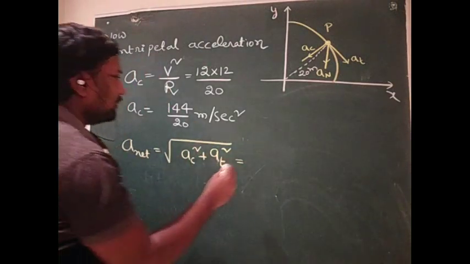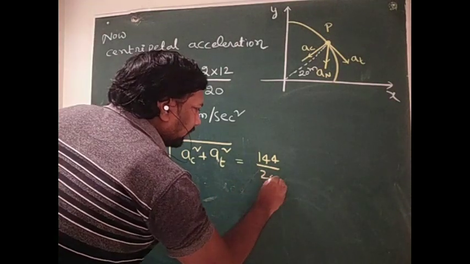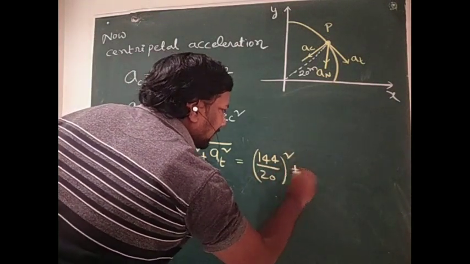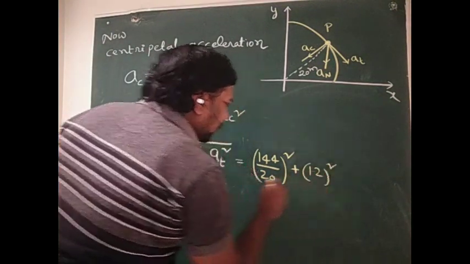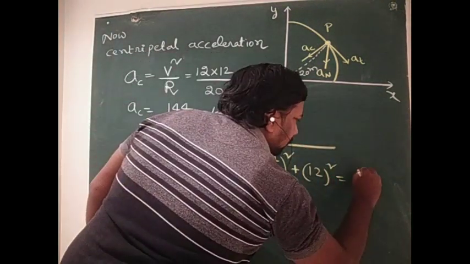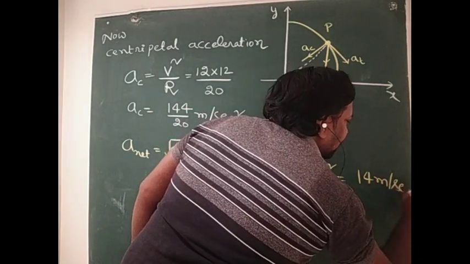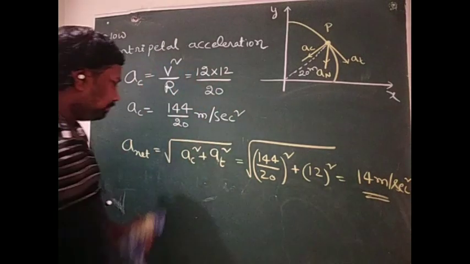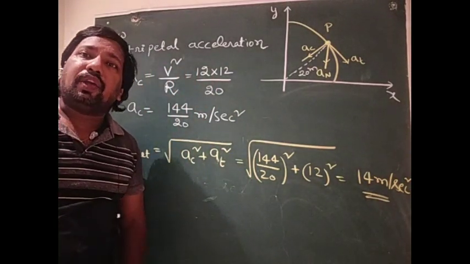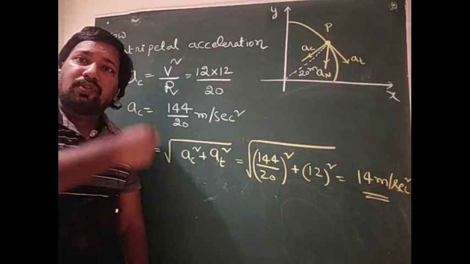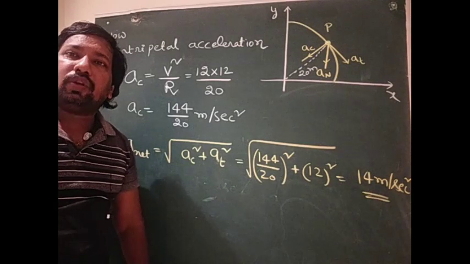So here AC is 144 by 20 whole square plus 12 square is equal to, it is approximately 14 meter per second square. So this is the net acceleration of the particle P revolving in non-uniform circular motion with radius 20 meter.